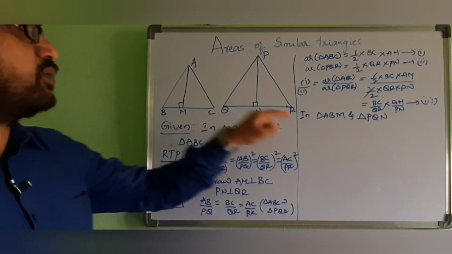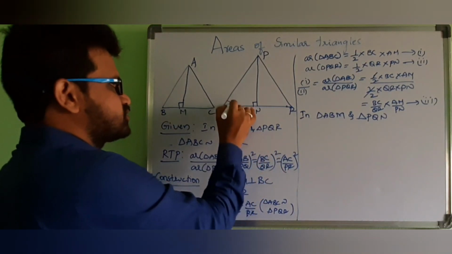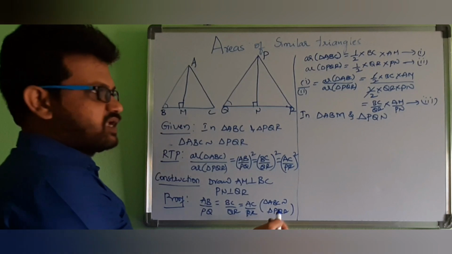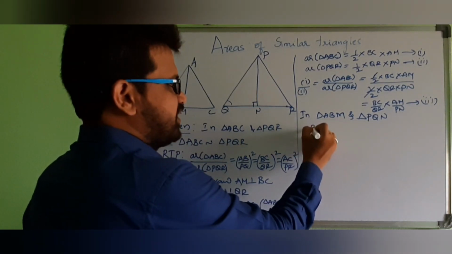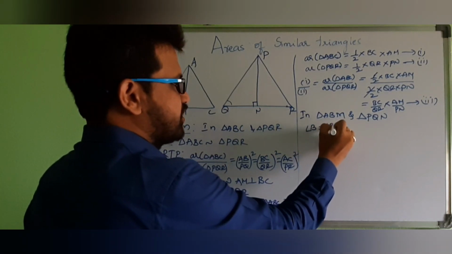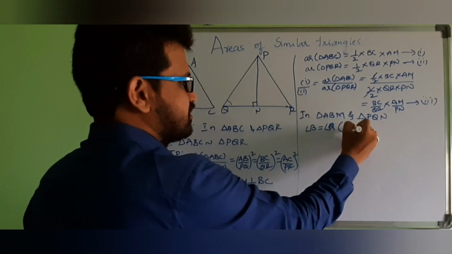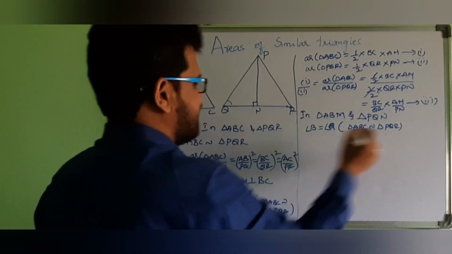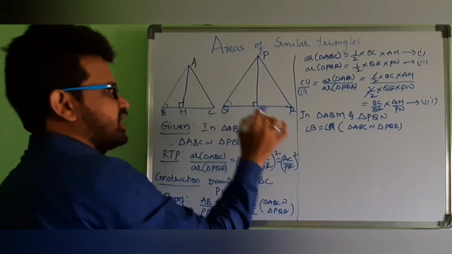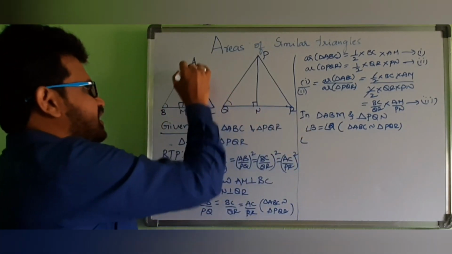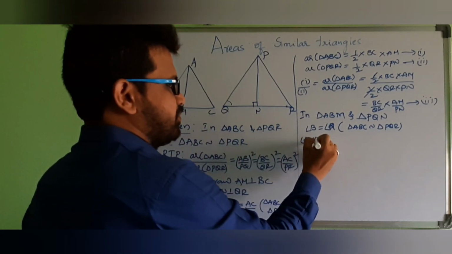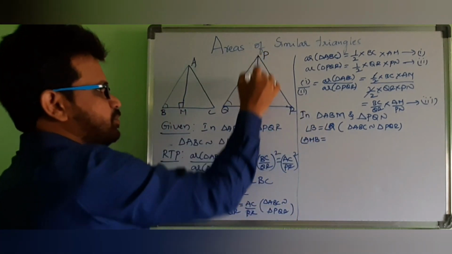Angle B is equal to angle Q. These two angles are equal. Why? Because triangle ABC is similar to triangle PQR. Again, angle M is equal to angle N, means angle AMB is equal to angle PNQ.